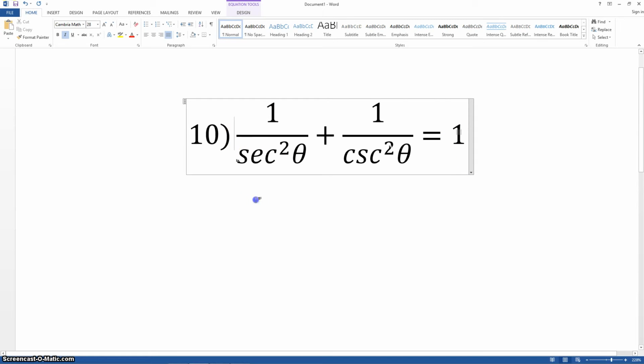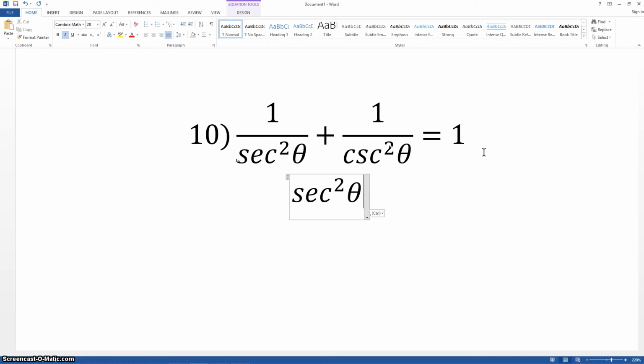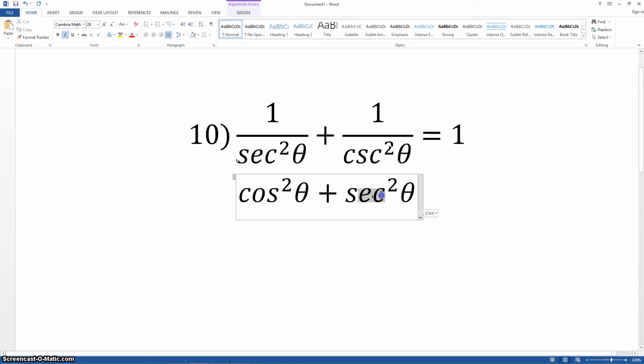1 over secant is cosine, so 1 over secant squared is cosine squared, plus 1 over cosecant is sine, so 1 over cosecant squared is sine squared.